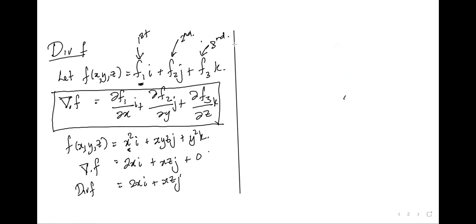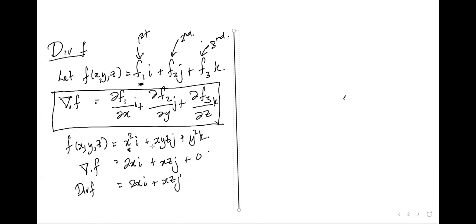Sir, one minute before you move on, sir. We have del dot F, you have 2x i plus, what's the next? Differentiate with respect to y. And for the last term, you differentiate with respect to z. We differentiate each with their respective variable.